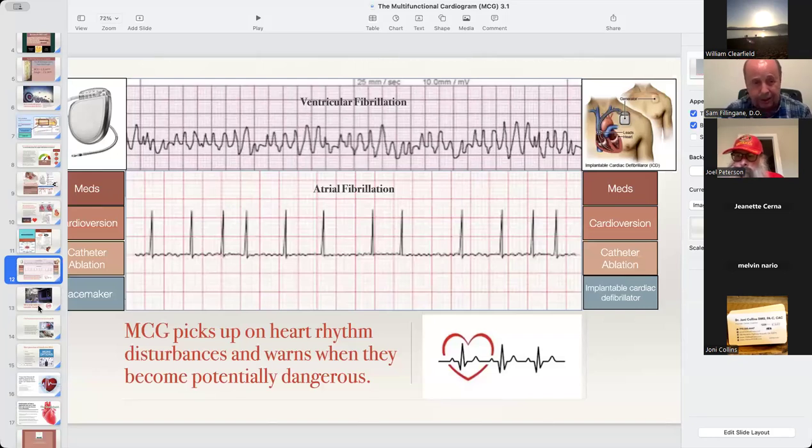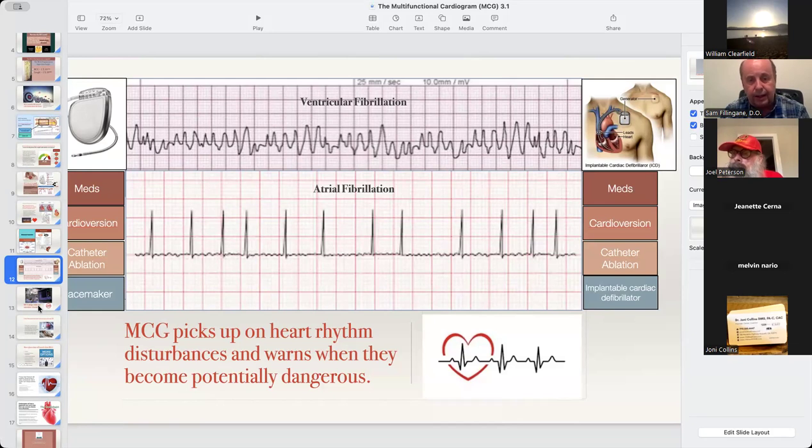There was a study done in the Japanese Rhythm Society where they looked at atrial fibrillation with this device. And when the device was 5 out of 5 positive, 93% of the people developed atrial fibrillation within 3 months.